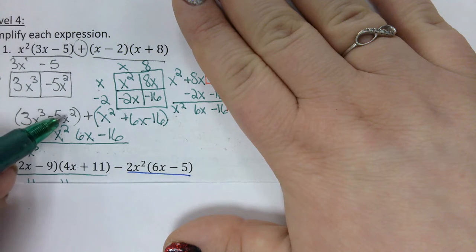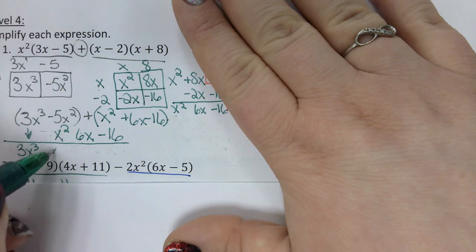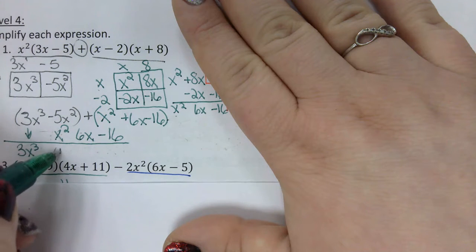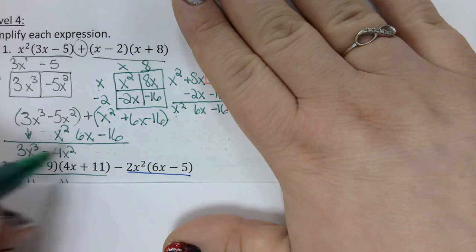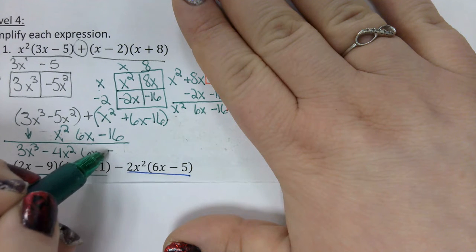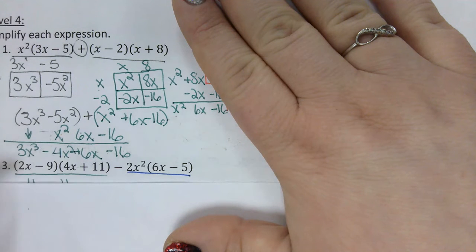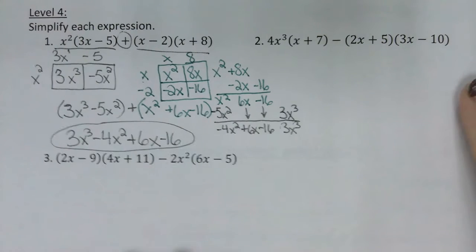Negative 5x squared plus x squared gives me negative 4x squared. The 6x doesn't have anyone to combine with, and the 16 doesn't have anyone to combine with. Put addition signs where we need them, and there we go. Let's do the next one.